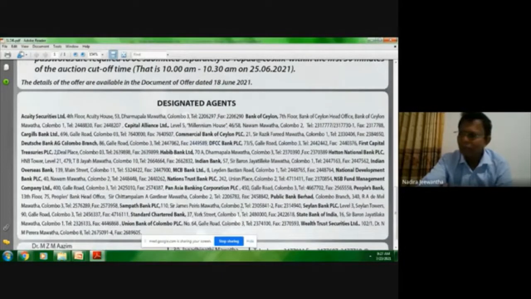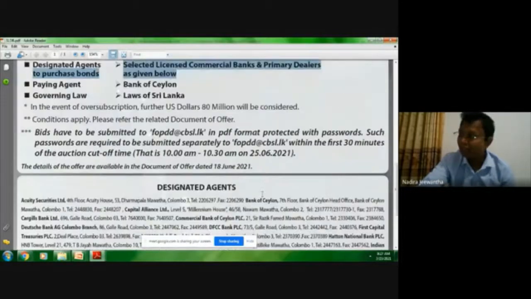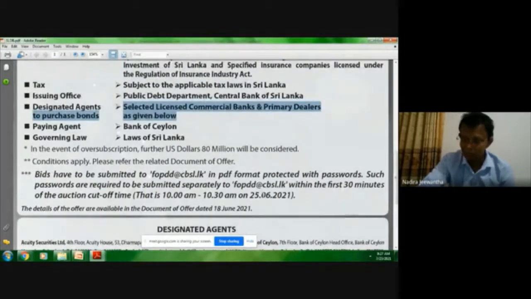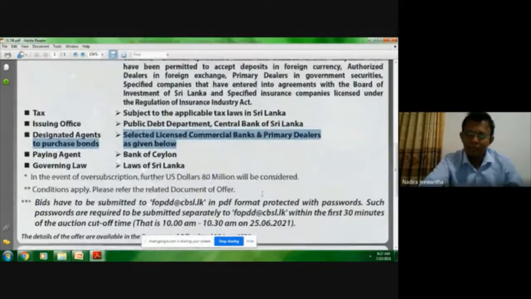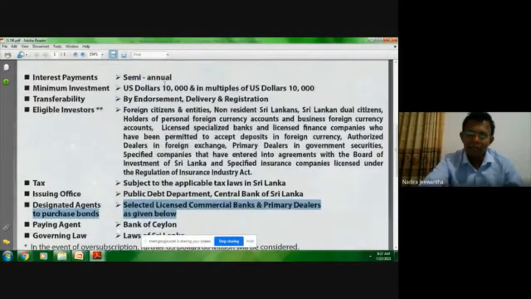If you have $10,000 in your PFC account, you can go and ask one of these banks or primary dealers, I need to invest in SLDB. Can you do that? Yes, of course, you can do that. If you're a primary dealer, you can do that. What's the minimum amount? 10,000.